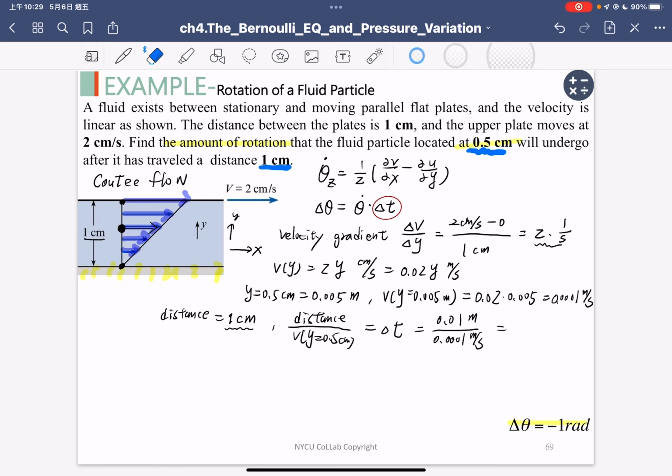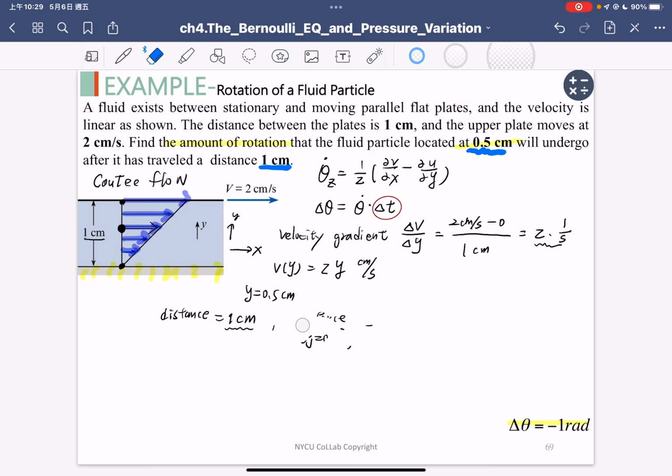Maybe we should keep all of the units in centimeters, which will be much more convenient. So maybe I rewrite here, because the 0 point is too much, I recalculate the y here.